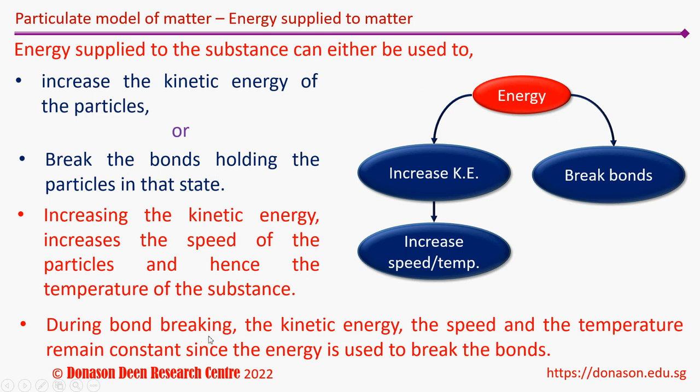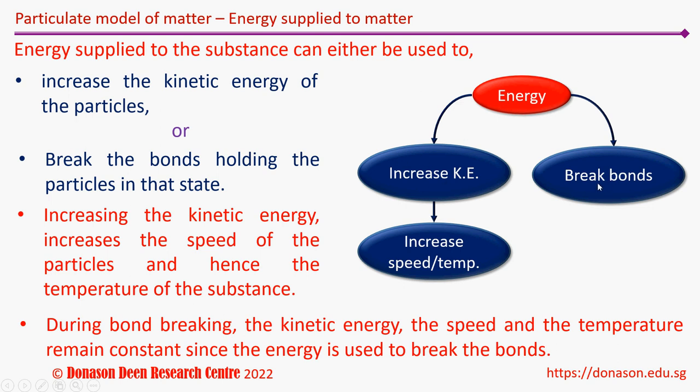During bond breaking, that means if we go the other way around, if we are breaking the bonds holding the particles together in a given state, the kinetic energy, the speed, or the temperature of the substance remains constant. Why would that be? Because we are not using the energy to increase the kinetic energy, we are using the energy to break the bonds, right?